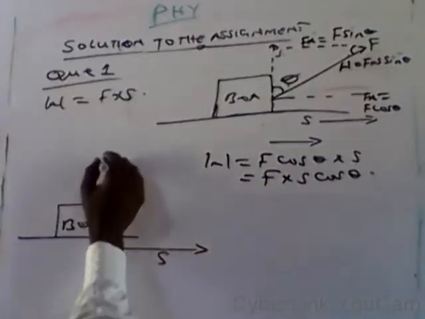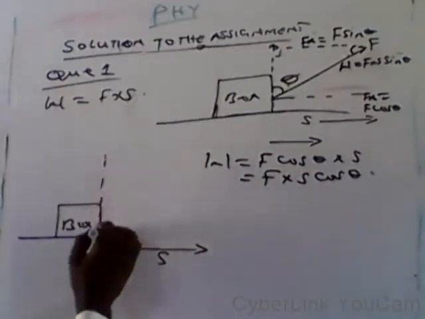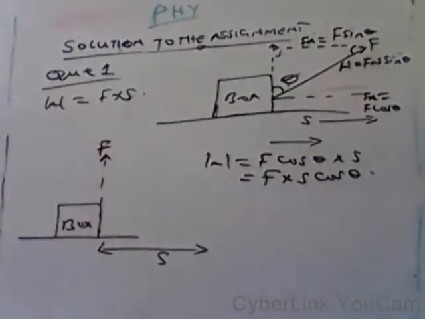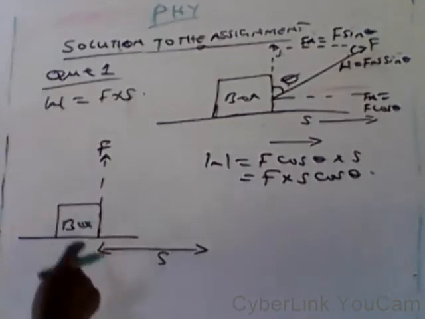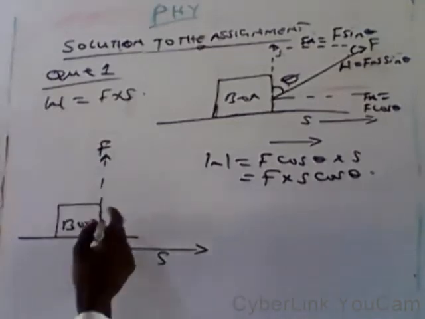We now have our force in such a way that it's acting perpendicularly. F is acting perpendicularly like this. So which means the angle of inclination between F and distance is what?